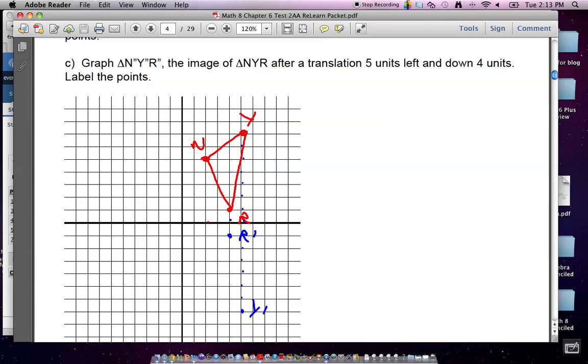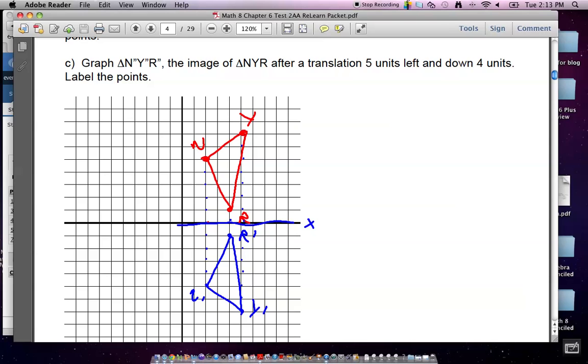This will be Y prime. N prime is 1, 2, 3, 4, 5. This is N prime. So there is triangle N prime, Y prime, R prime reflected over the x-axis. And that makes sense because look, this is the x-axis. And doesn't it look as when I draw this line here that I could fold over that line and the red triangle would land on top of the blue triangle?